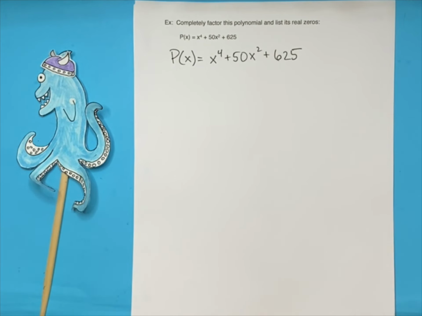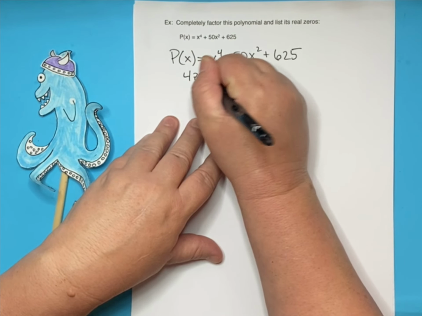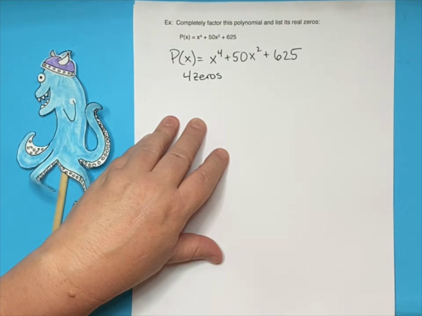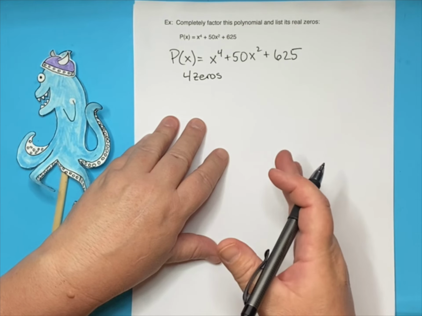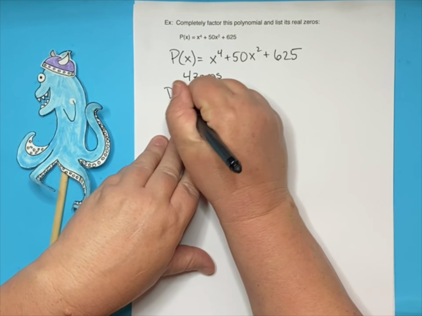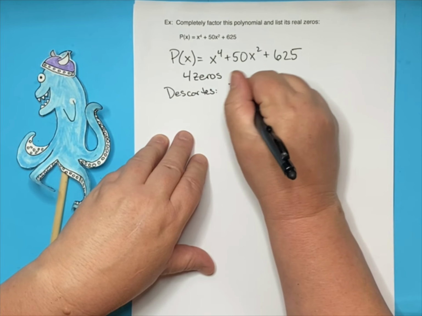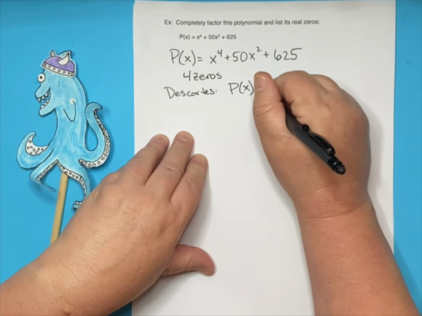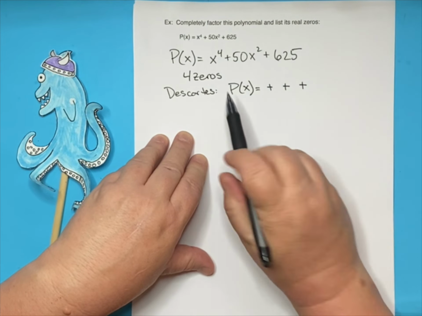So I'm going to say, okay, x to the 4 means there are 4 zeros. That's the first thing to note. And there are different ways to approach it. But what I'm going to do is I'm going to start with Descartes. P of x is plus, plus, plus. Do you see that?